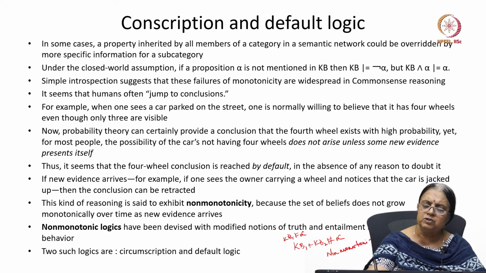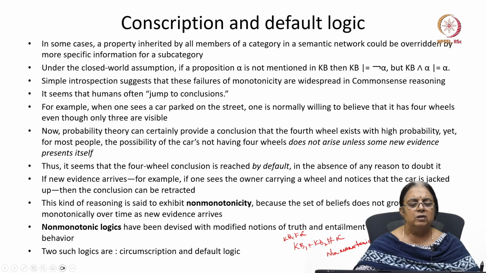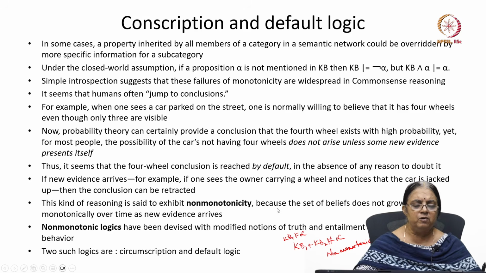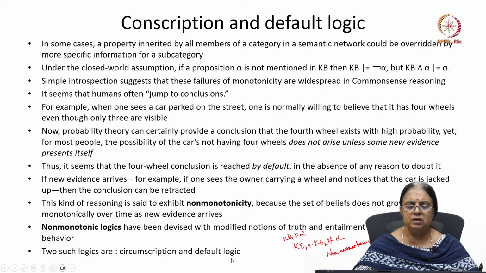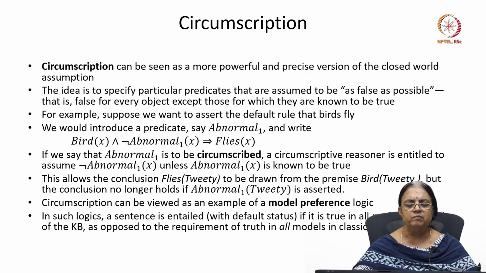Okay, something which was true before is now not true, right? So when non-monotonicity is there, then there are two types of logic. One is called circumscription and one is the default logic. So let's see how these two actually work.